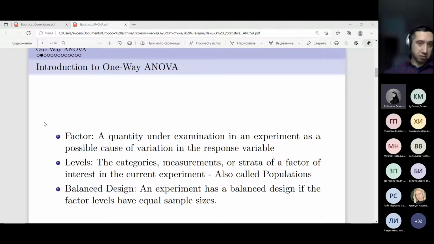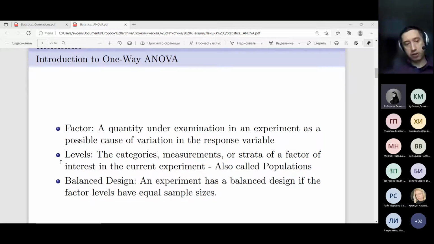A factor is a variable name, usually, always, and you have to find a variable which splits your sample into levels. Levels are categories, measurements, or strata of a factor of interest in the current experiment. Or it's also called a population.